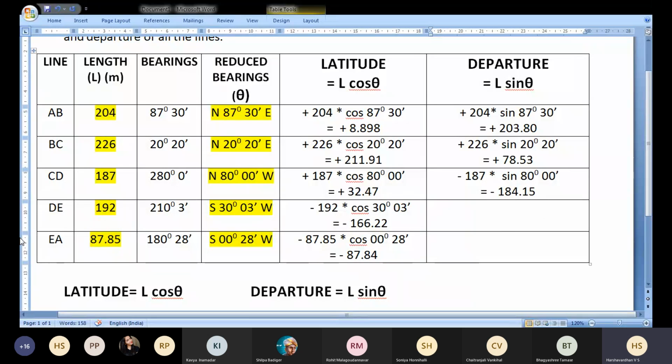Next line, DE. Reduced bearing is south west, westwards. If it is westwards, departure will be negative. Length is 192, sine of reduced bearing 30 degrees 3 minutes.